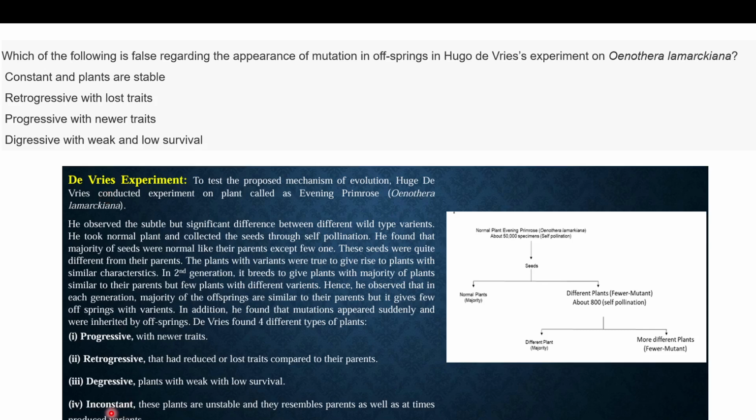And one is inconstant, not really very constant, because these plants are unstable and they resemble parents sometimes, as well as they produce variants. So it's not really constant or stable characteristics. Okay. So the correct option is constant and plants are stable. This is false regarding the appearance of mutation in offsprings in Hugo de Vries's experiment. Okay.